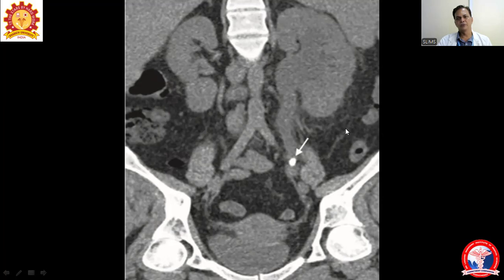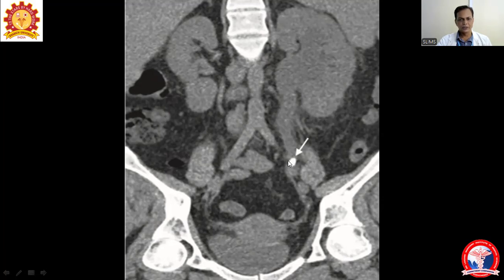Similarly, on the left kidney, the border is not so well defined, and around it there is some kind of dense, cloudy area. This is called fat stranding, or increased perinephric fat signal.